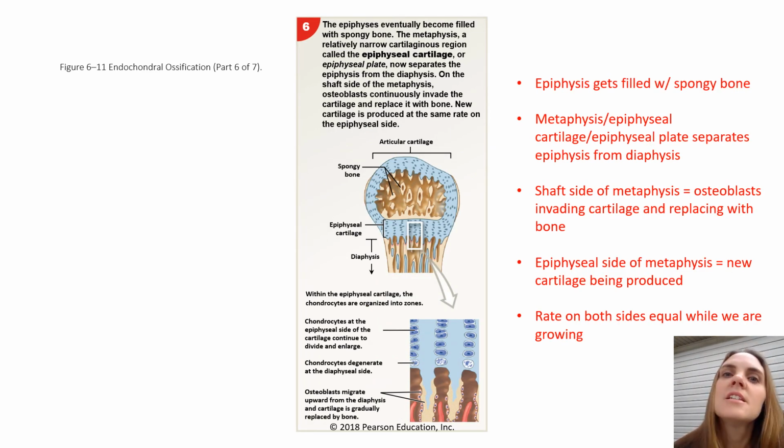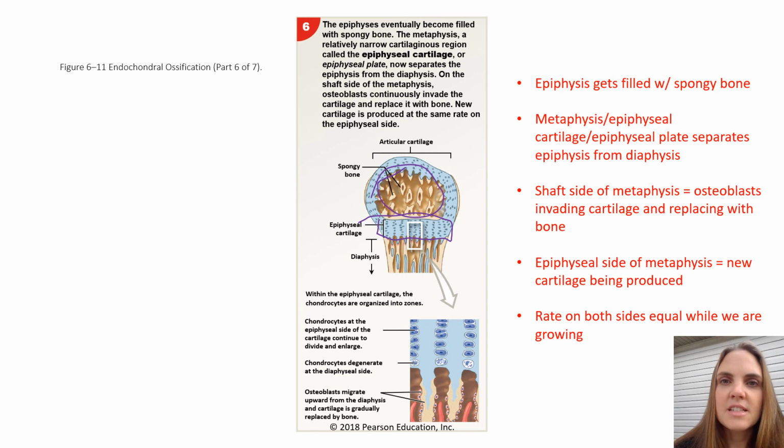As this process continues, the epiphysis here becomes filled with spongy bone, and the metaphysis, located below it, is a narrow cartilaginous region, and we sometimes call it the epiphyseal cartilage or the epiphyseal plate, and it basically separates that epiphysis from the diaphysis.